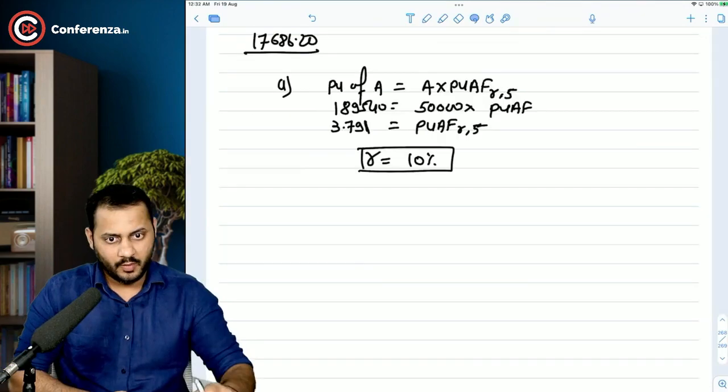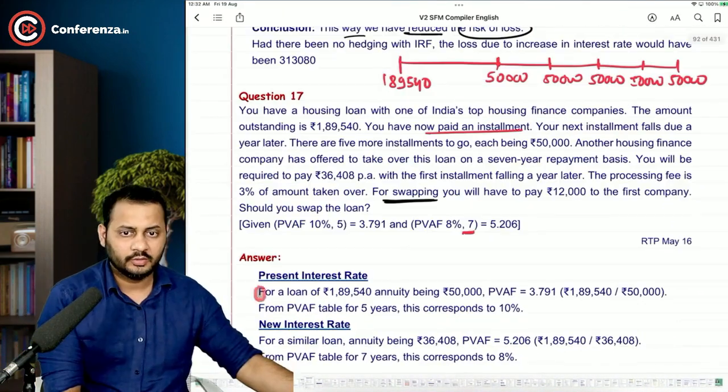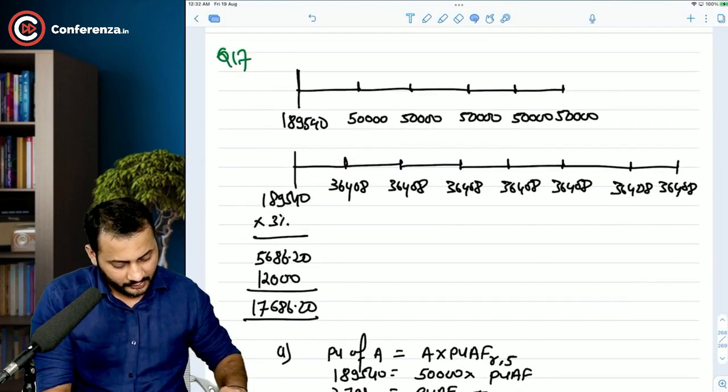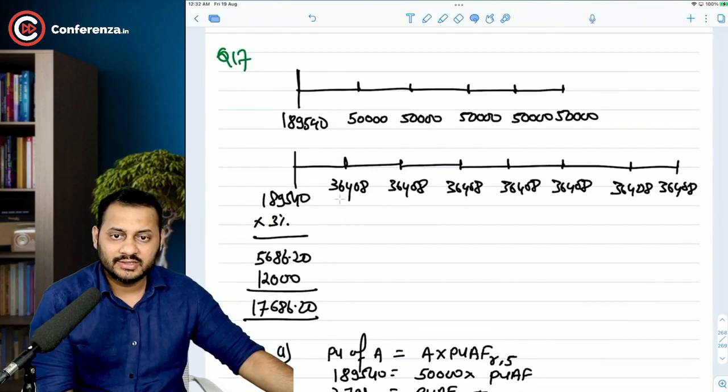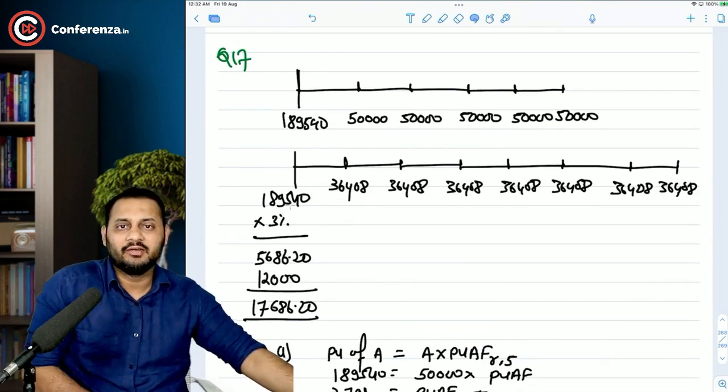Okay. Now what's happening in the second part? The question is, should you swap the loan? And in the second part, you can see that 36,408 is the installment for 189,540.